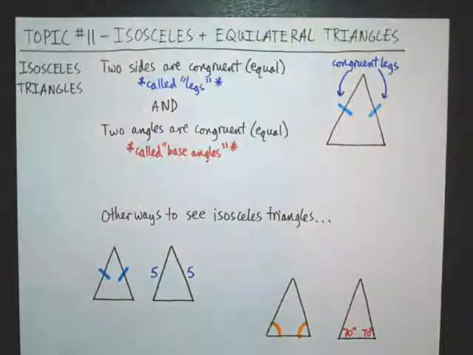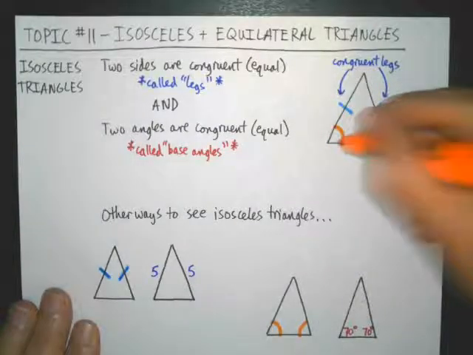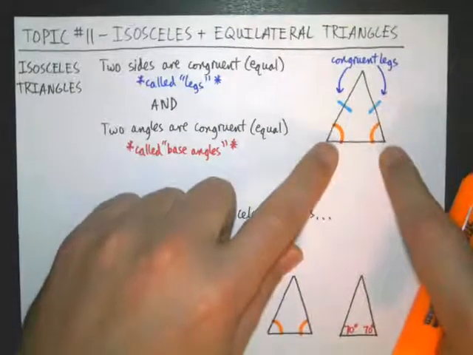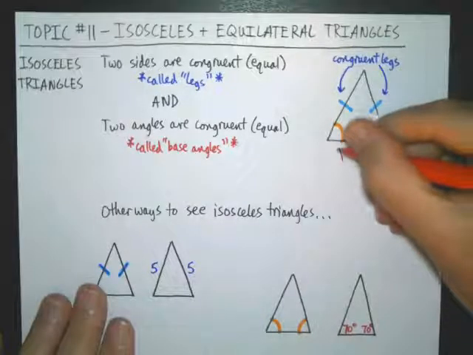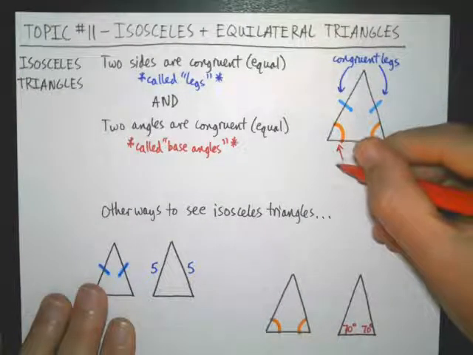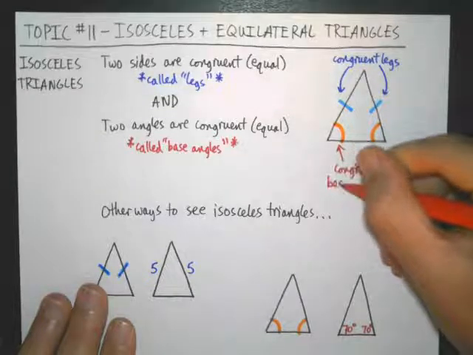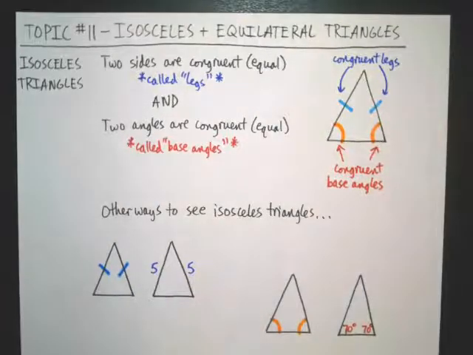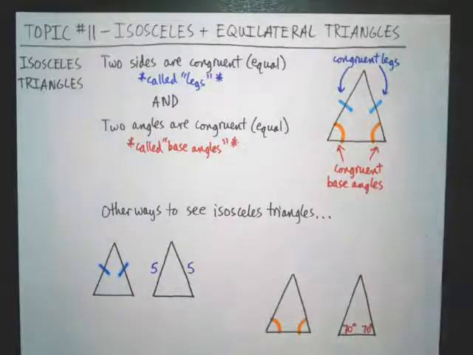All right, and then let me go ahead and put some curves on these angles right here. Those curves mean that those angles are congruent, and those are the base angles. So an isosceles triangle has two congruent legs and two congruent base angles.